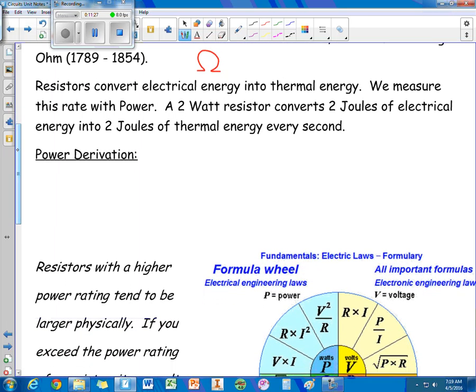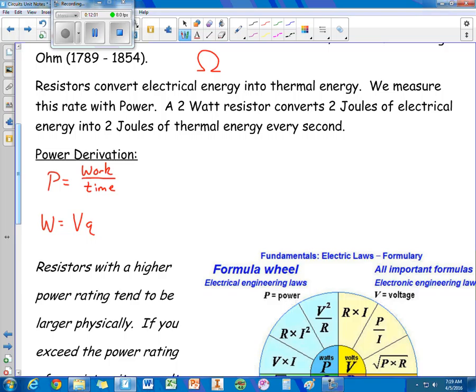Okay, so power. We formally define power as work over time. Well, in our previous unit, remember that work, when we take a look at our equal potential lines, work was equal to the potential multiplied by the charge.